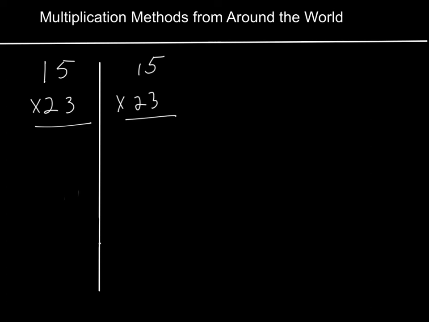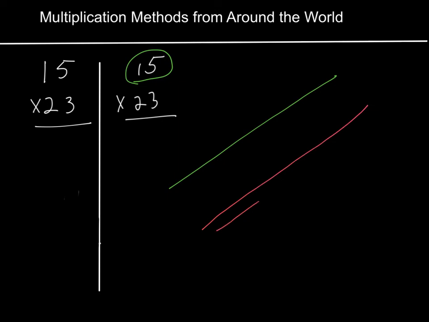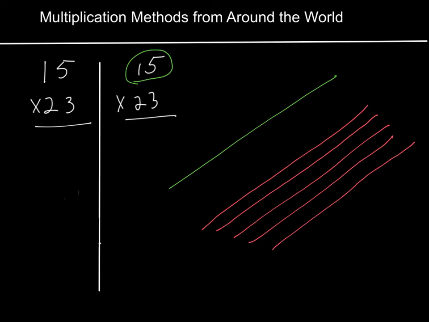Okay, the first thing we're going to do is write the first number, which is 15 here, and I write it like this. I draw one line for the tens, and I draw 5 lines for the ones, like that. Then I'm going to do the same thing going the other direction for the 23.